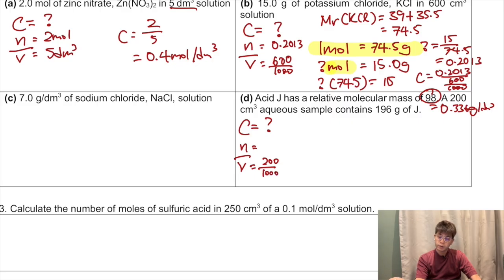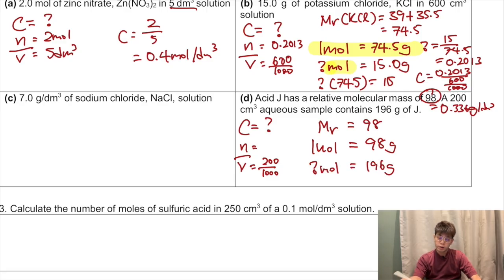So I need to find out the number of moles. I'm given that MR is equal to 98, right? They say relative molecular mass of 98. So this means that 1 mole is equal to 98 grams. Now I want to calculate how many moles are there in 196 grams, right?